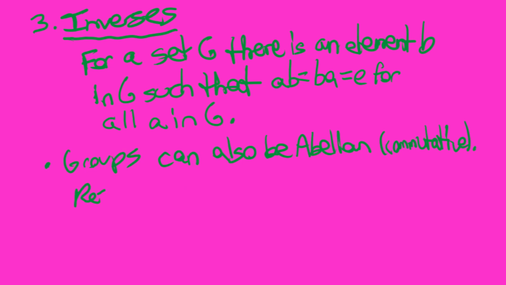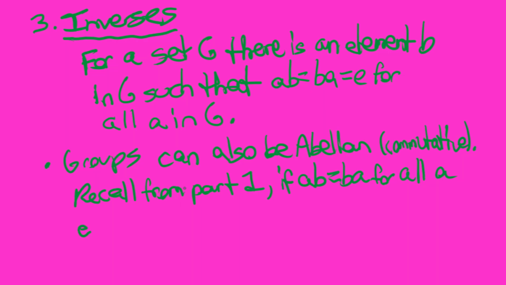So if you recall from part 1, if AB equals BA for all A and B in a group, it is abelian.